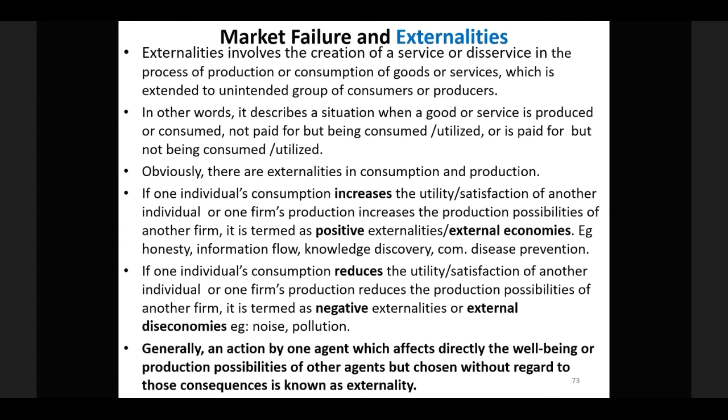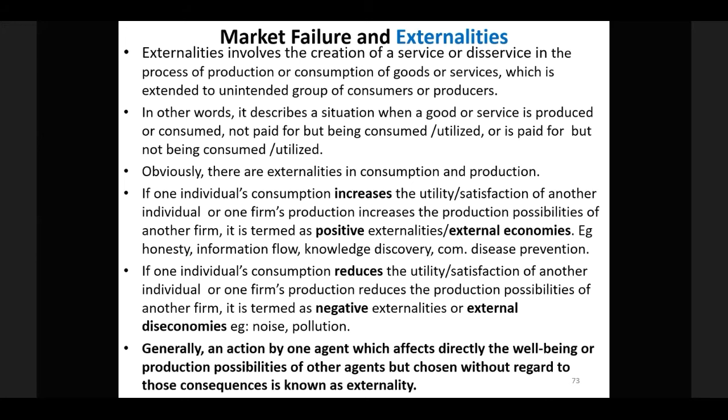Or if one firm's production increases the production possibilities of another firm, then we say there is a positive externality. Positive externalities are also sometimes referred to as external economies. Examples are information flow, honesty, knowledge discovery, prevention of communicable diseases, and so on.